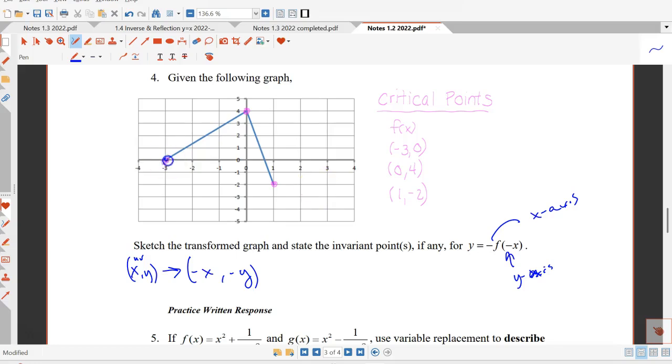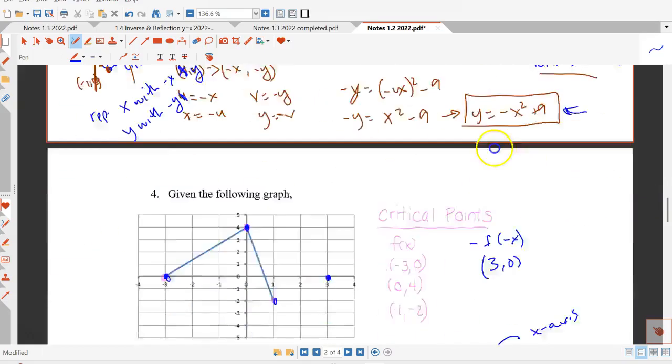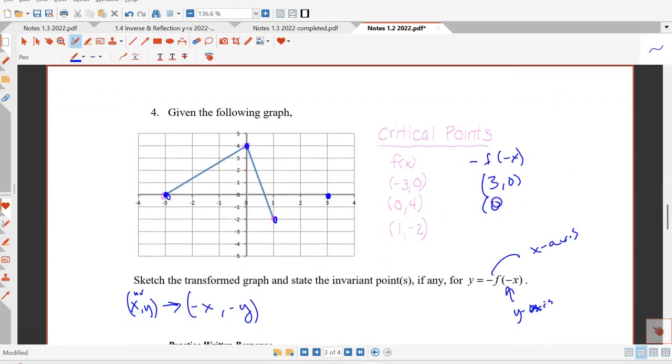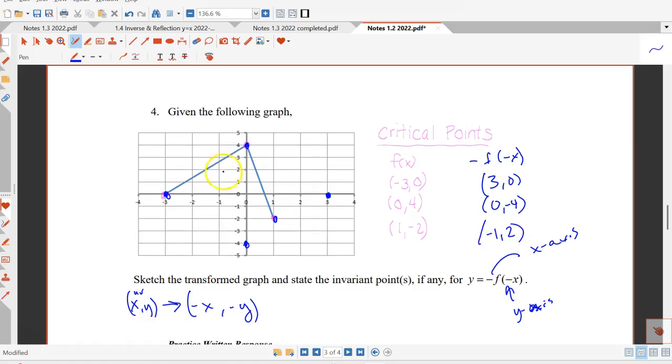So if I look at these 3 points here, which are great ideas of critical points, my new minus f of minus x graph, both x and y change, so that'll be 3, 0. So negative 3 will end up being a positive 3, and I reflect it over itself. 0, negative 4, the y changes, so that will end up down here. And finally, negative 1, positive 2, will become 1, negative 2.